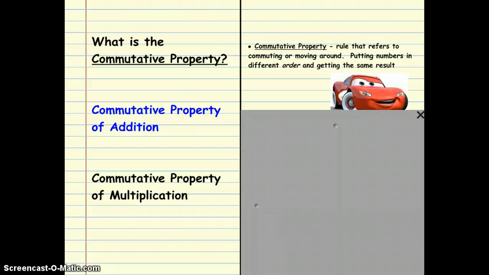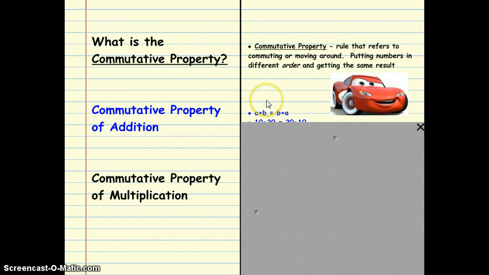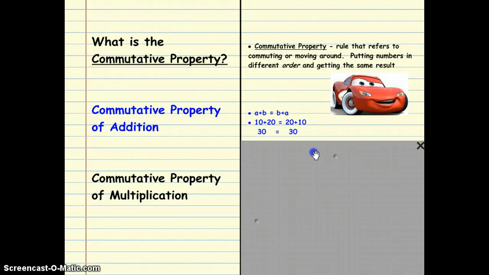It's a different order, but I'm traveling the exact same route. Alright, here's what it looks like with math when we're working with addition. You can either add A plus B, or you can flip them around and add B plus A. As we know, 10 plus 20 means the same thing as 20 plus 10. They both equal 30. But we know this because of the commutative property. This is the reason why it's okay.